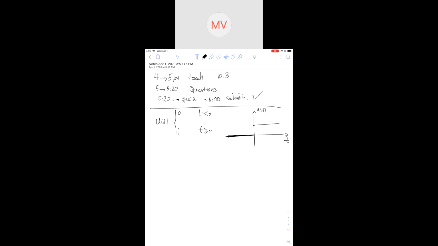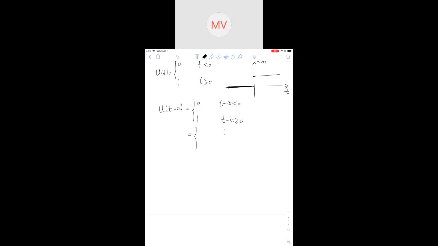So I'm going to call this u of t. Then I can shift this function with any constant a. If a is any constant number, u of t minus a is basically the same thing, except the input this time is t minus a. So if t minus a is less than 0, it's 0, and if t minus a is bigger than or equal to 0, it's 1.